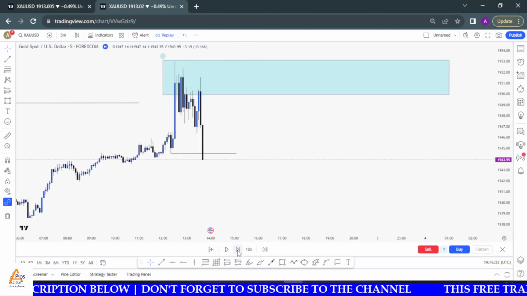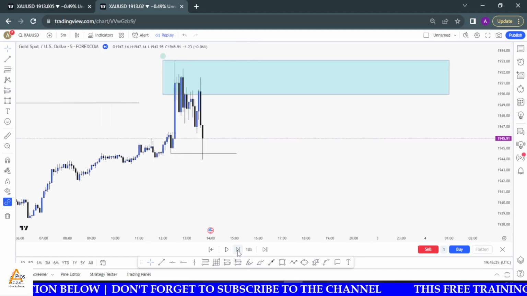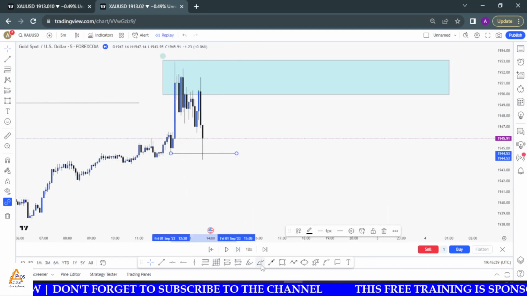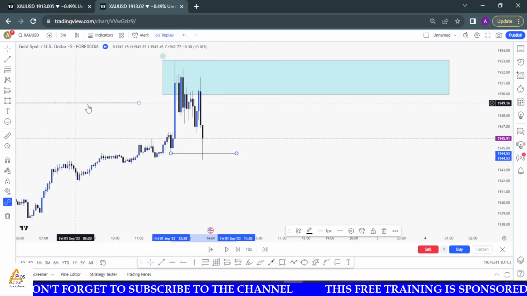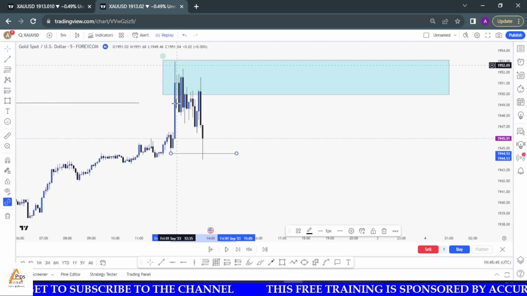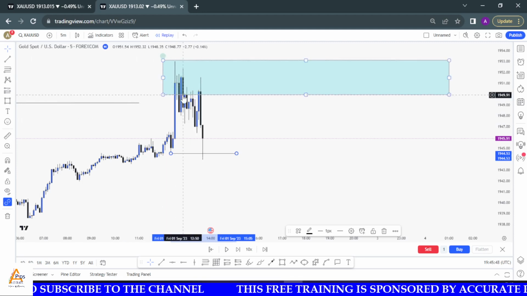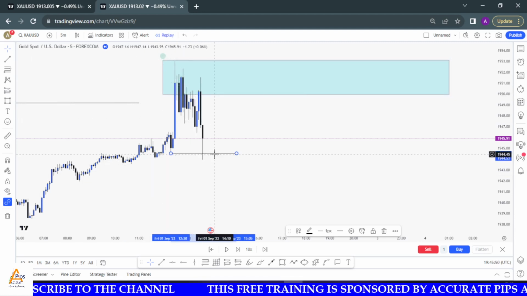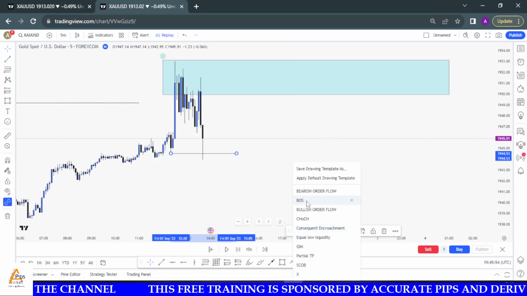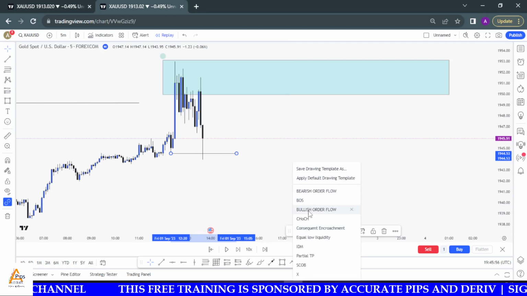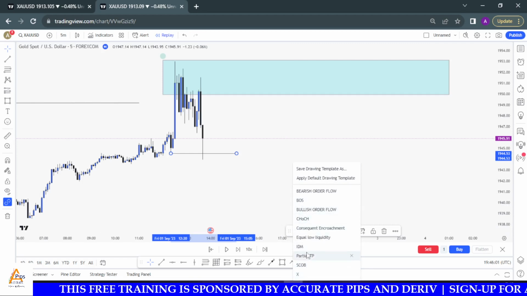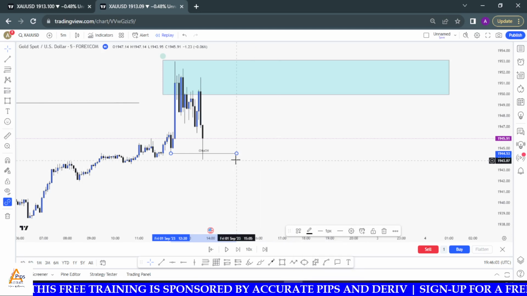Okay, all right, now look at this. Price sweeps this low. Remember, this area was an area of liquidity that has been taken out, though price closed above with candle body. That's why I want this kind of confirmation. So I'll see this as my change of character on the 5 minute.